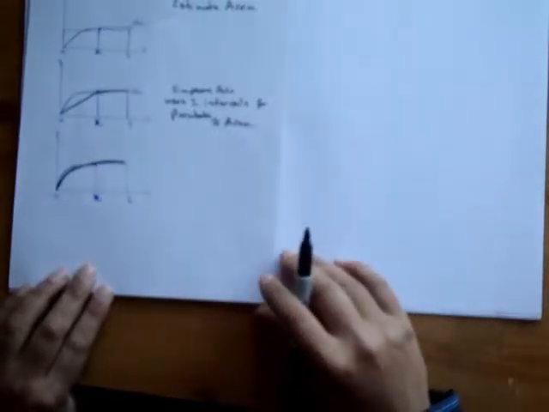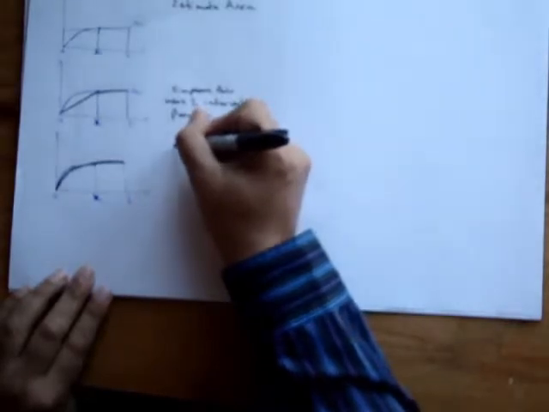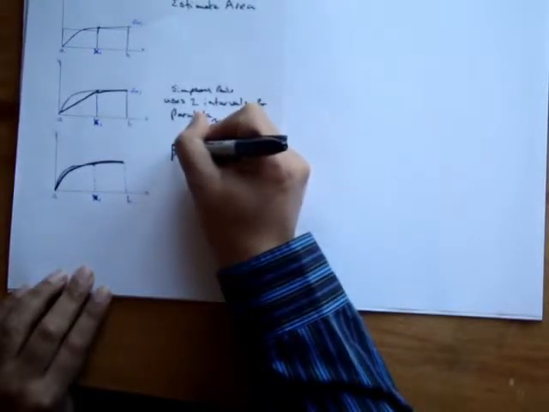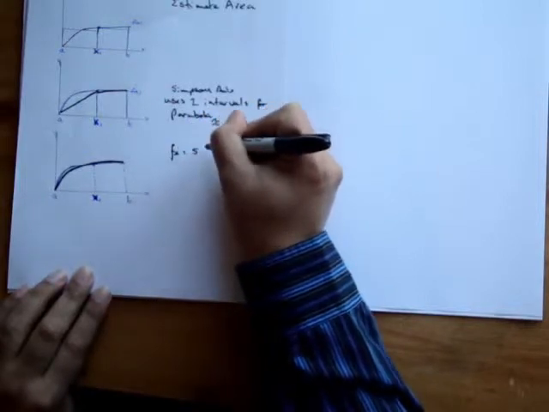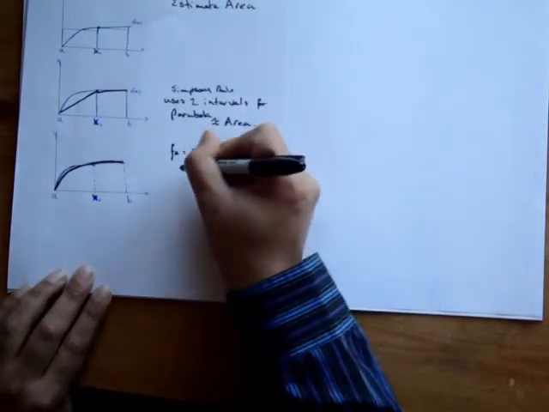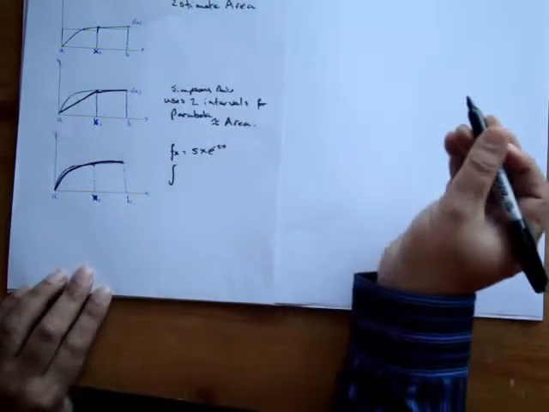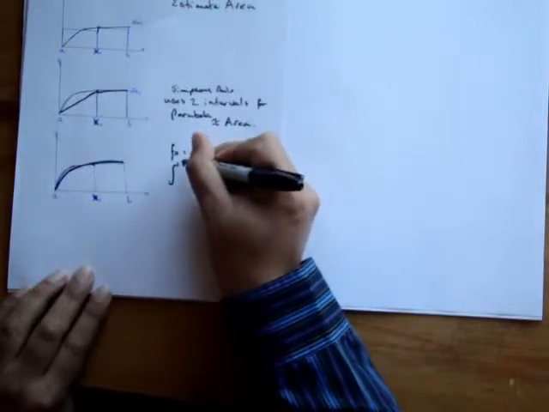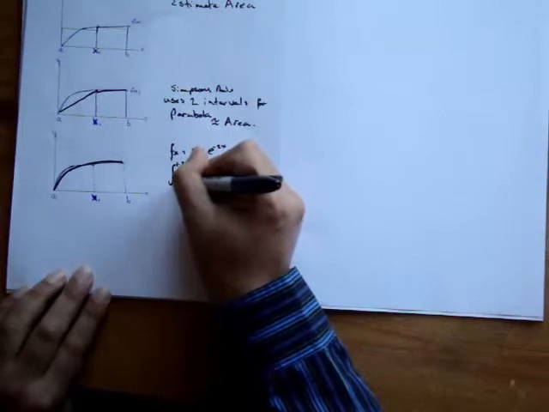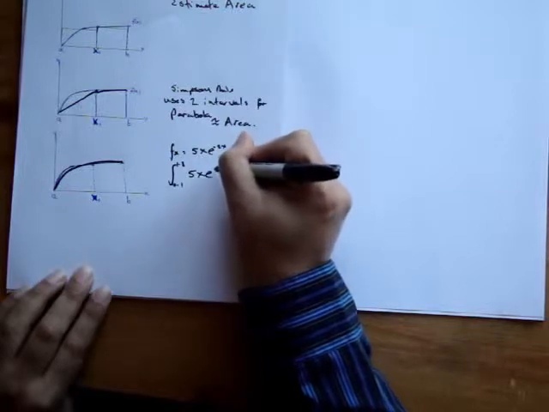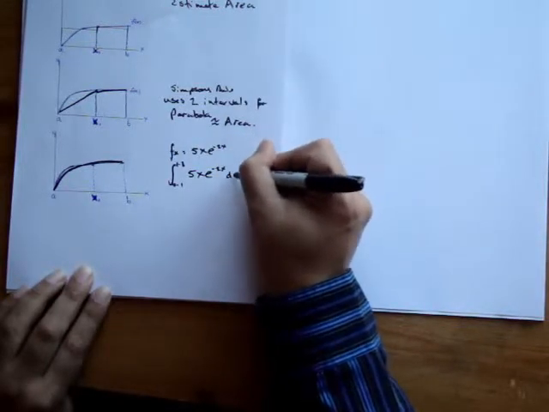If we had a function f of x equals 5x e to the minus 2x, and we wanted to estimate the area underneath that, we'd have to integrate between the limits that we're told, 1.3 and 0.1, of 5x e to the minus 2x dx.